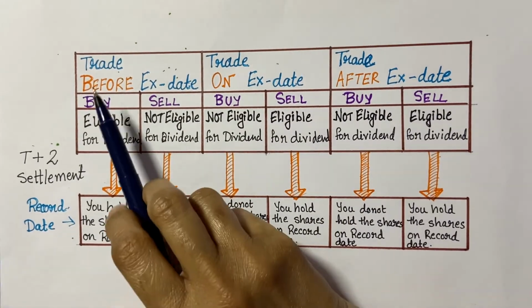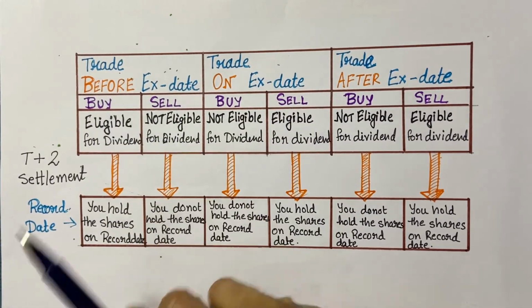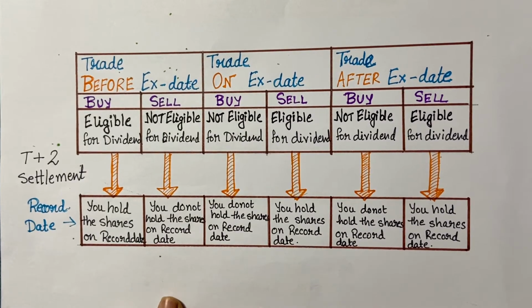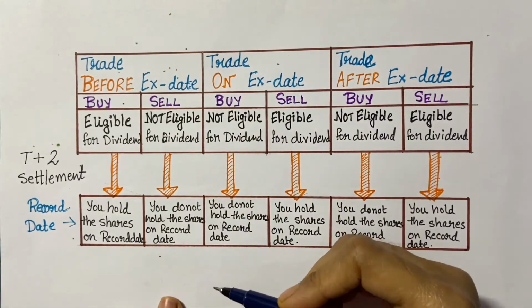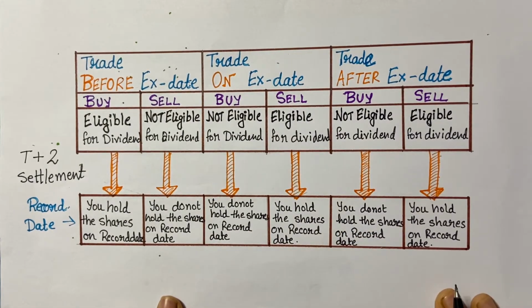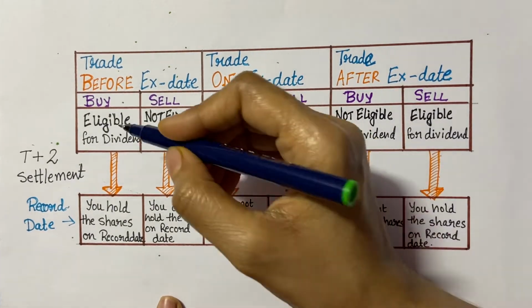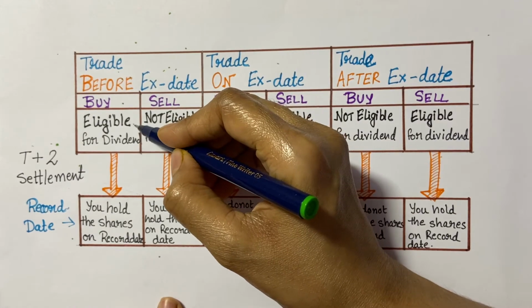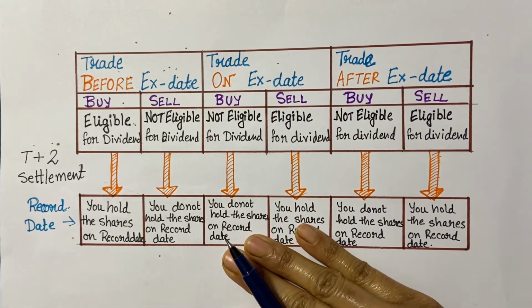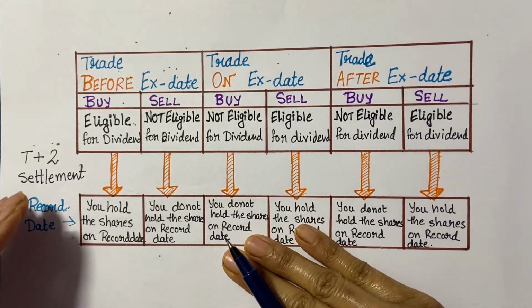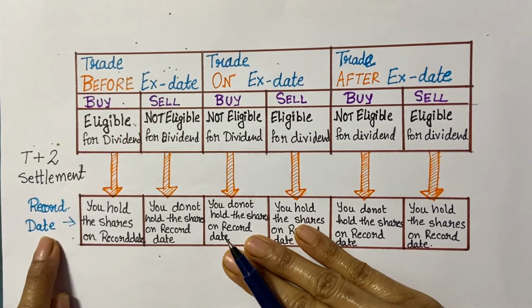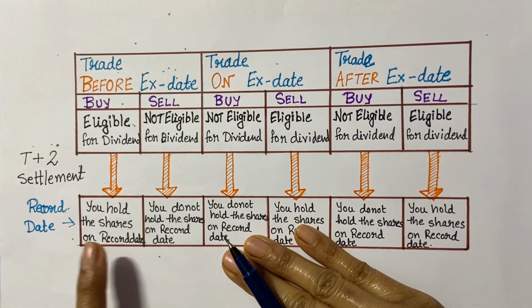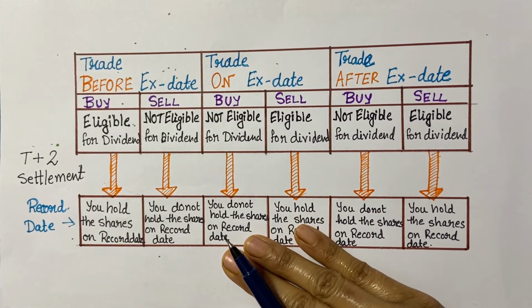First scenario: a trade before the X date. In the example I gave, if you buy before the 10th of June, will you be eligible for the dividend? Yes, because on the T plus 2 settlement date, as you purchased before the X date, by the record date you will be holding those shares, and as per the company's books of record also, you will be holding those shares.